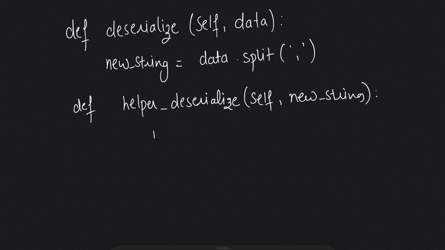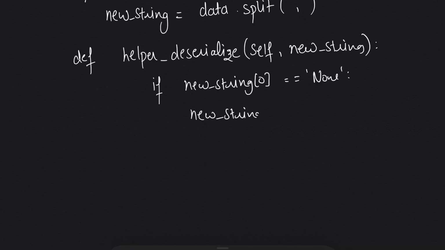For that, if new string at index 0 is none, that means we don't have any root. So if this is the case, that means we have reached a place where we don't have a root, or we are at the end of the tree. So we will pop it from the new string using the pop function, pass the index 0, and we will simply return null.